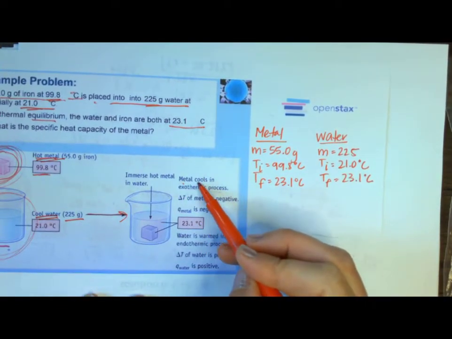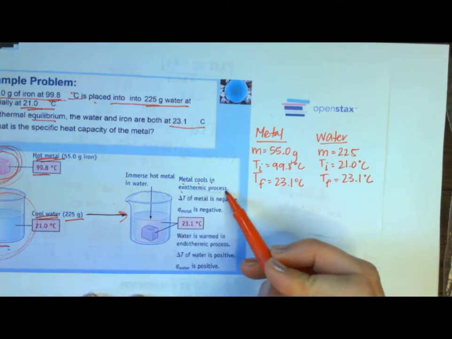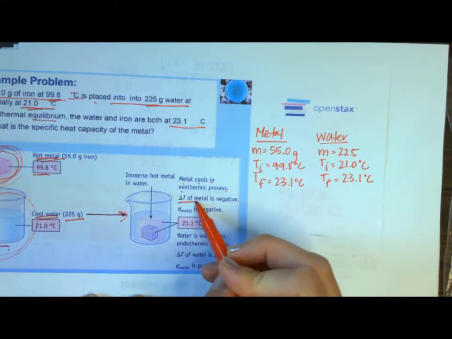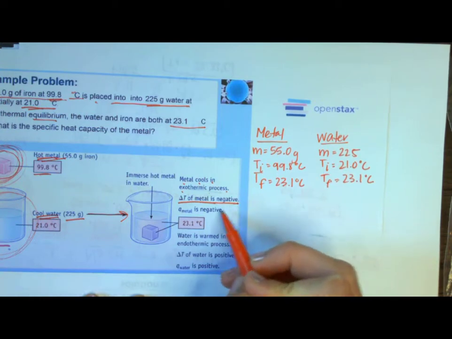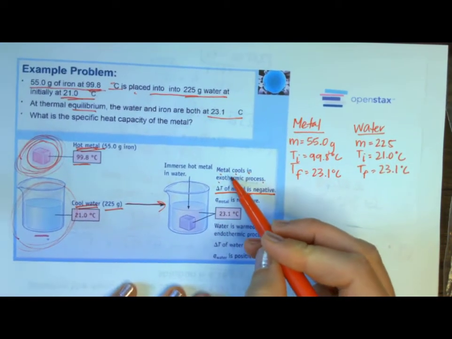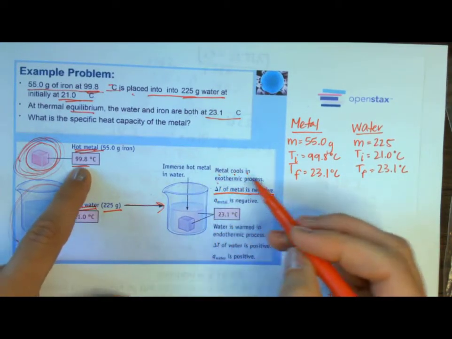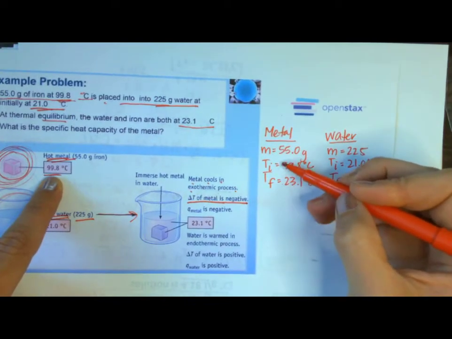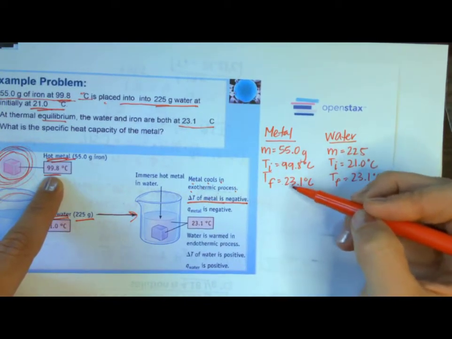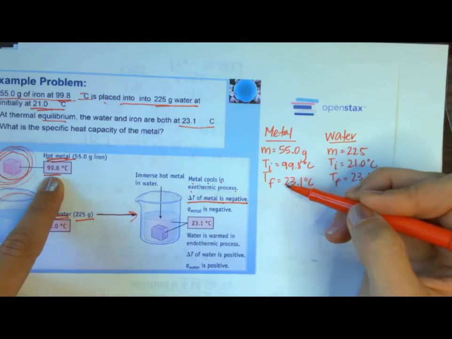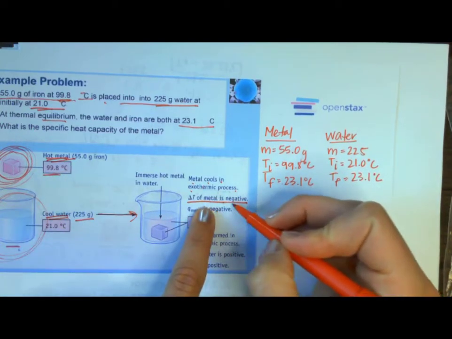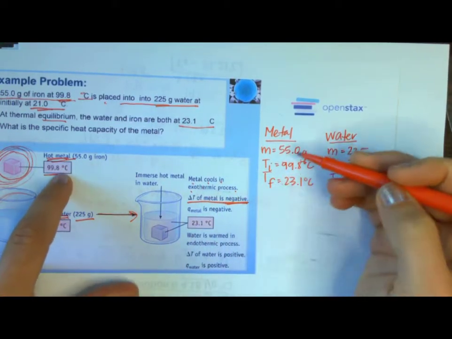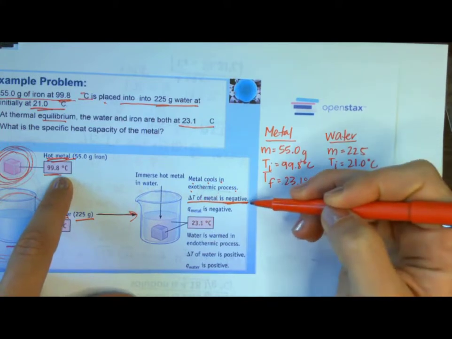Okay, so the metal cools in the exothermic process. So the change in temperature of the metal is negative, because if I look at that metal, my final temperature minus my initial temperature, so if I did 23 minus 99, that would give me a negative. Its temperature is going down, so that is negative.